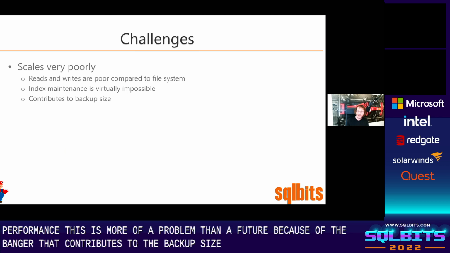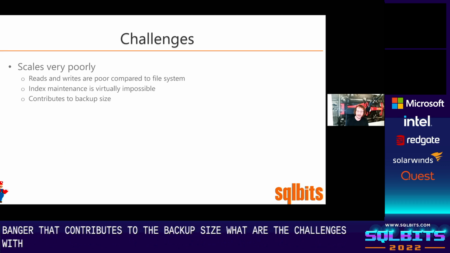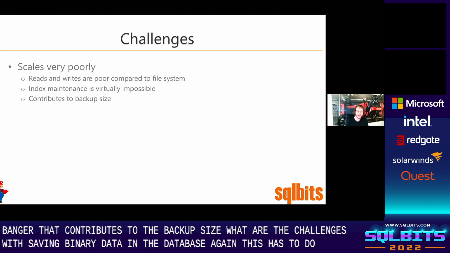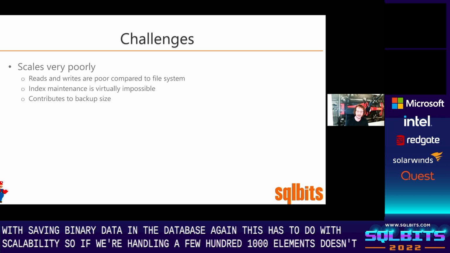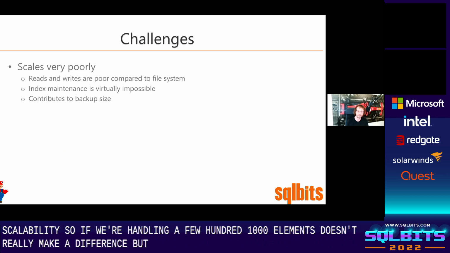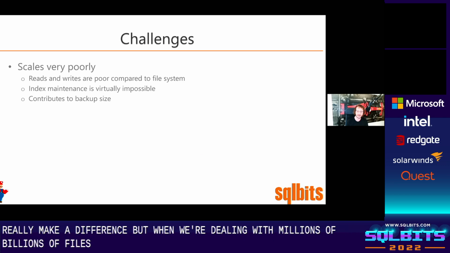So what are the challenges with saving binary data in the database? Again, this has to do with scalability. If we're handling a few hundred, 1,000 elements, it doesn't really make a difference. But when we are dealing with millions or billions of files, the database really scales poorly.